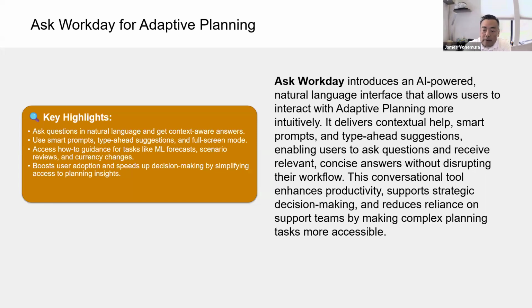It looks like the only thing you'll be able to ask questions on are things for help, like if you wanted to put together a predictive forecast, it would walk you through those steps. As far as asking questions about specifics of your financials, it doesn't look like it's quite there yet, but this is an introduction to it. So we're looking forward to seeing how they grow this over the next several years.